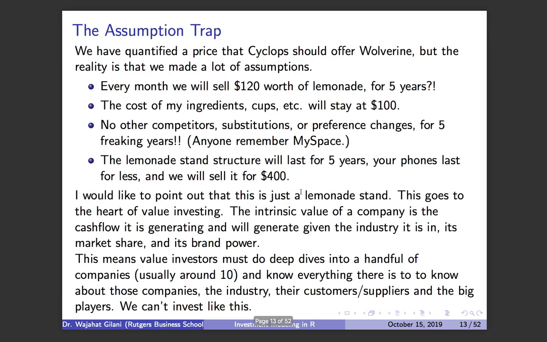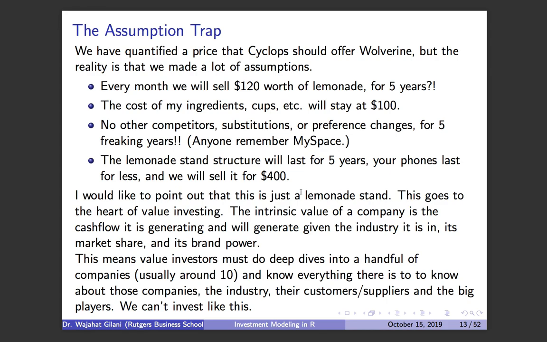Okay, here's the problem. There are two traps we fall into when doing this value investing: the assumption trap and the price trap. What is the assumption trap? The assumption trap is all the assumptions we made. Every month we will still sell $120 worth of lemonade for 5 years, right? The cost of my ingredients and cups will stay at $100.